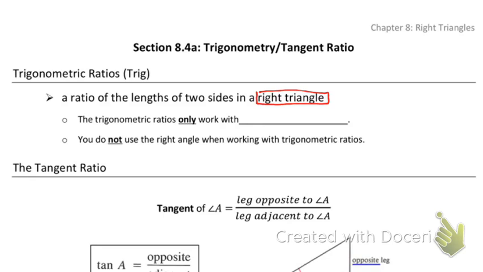But our trig ratios only work with right triangles. So anytime I'm talking about trig, I am just talking about right triangles. Once again, it only works with right triangles. Not wrong triangles, but right triangles. You do not use the right angle when working with trig ratios, and you'll see what I mean very quickly.